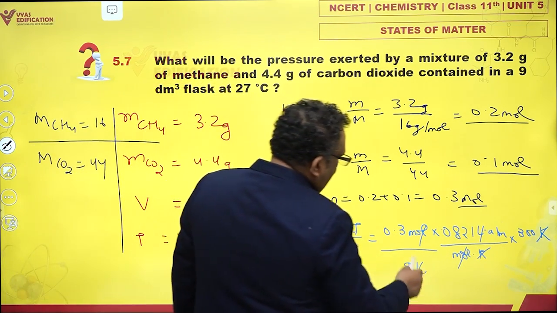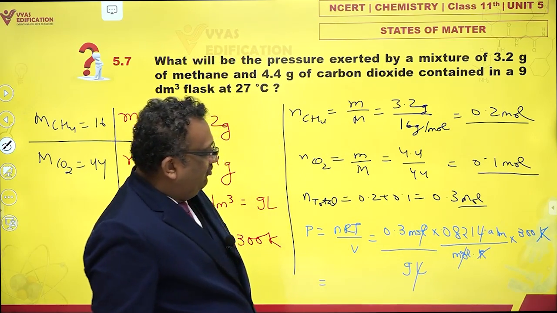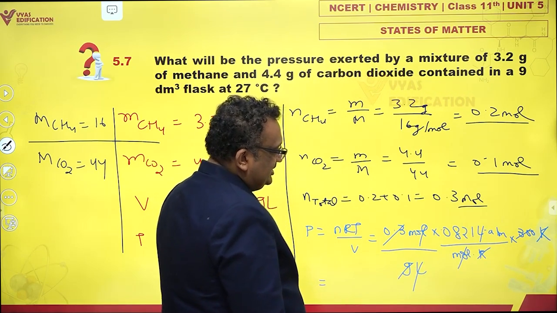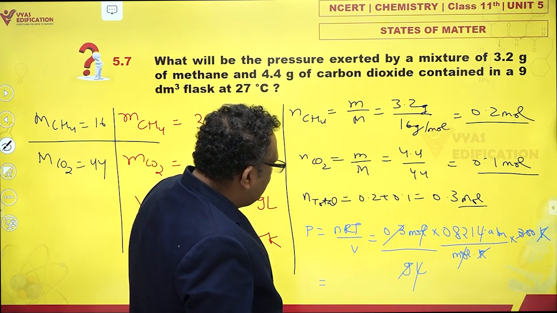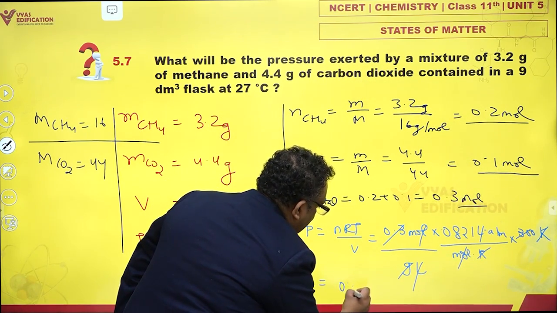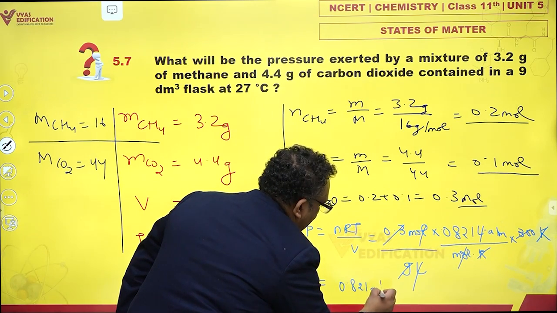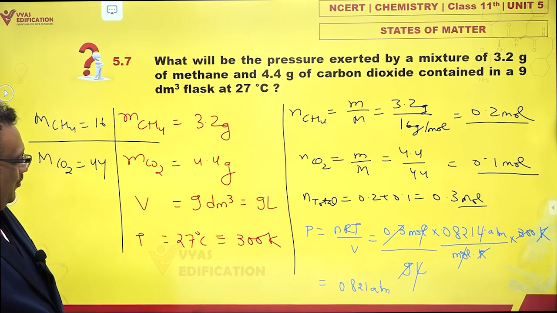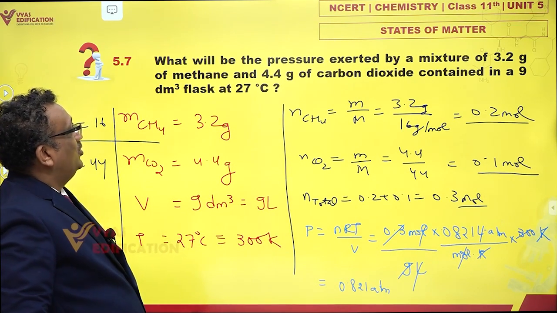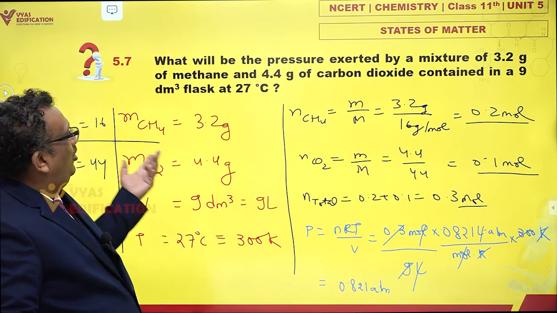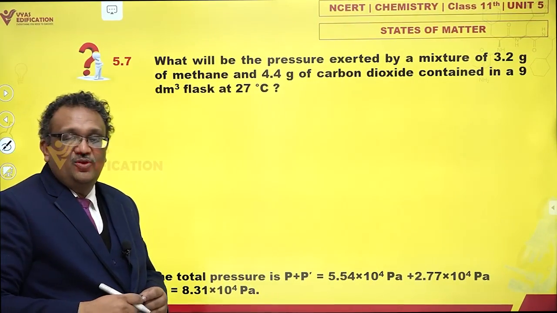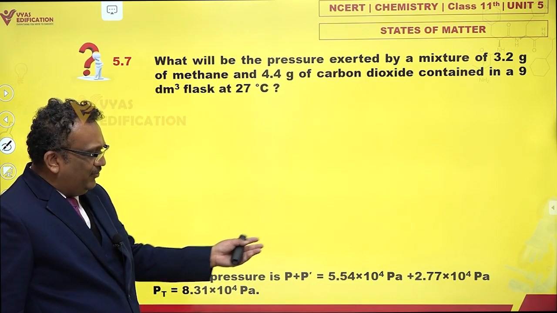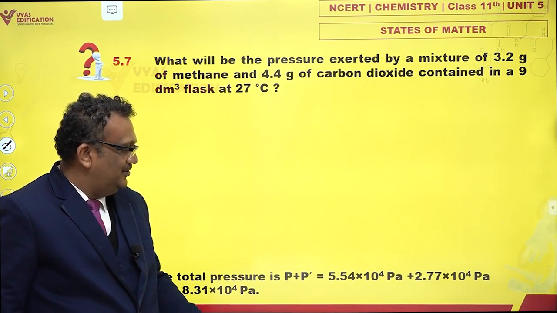Now 300 into 0.3 will be 90. And 90 by 9 is 10. So that is simply 0.821 atmospheres. So the pressure exerted will be 0.821 atmospheres, and that would be all when it comes to a mixture of these. In case you want to convert this, these are the values you get.